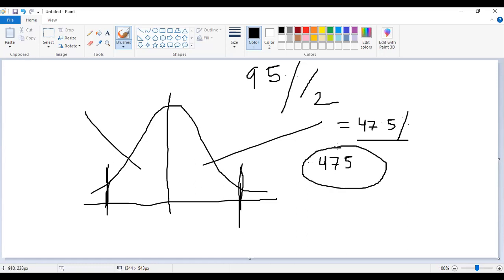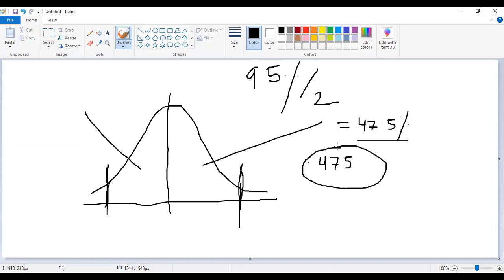So this value 0.475, we will go to the Z table. Where Z is not written, we are not going to find that value. Where the probability values or the area is given, there we will locate 0.475 and calculate the Z from that. We know how to do that.